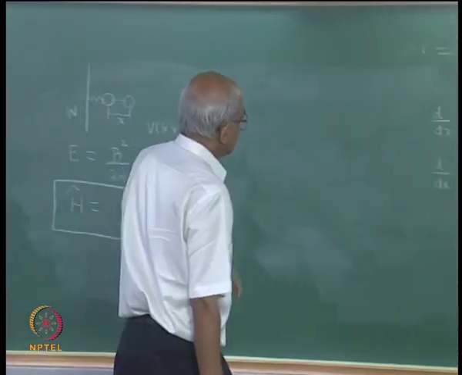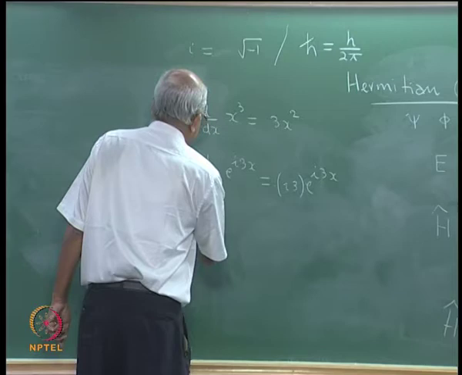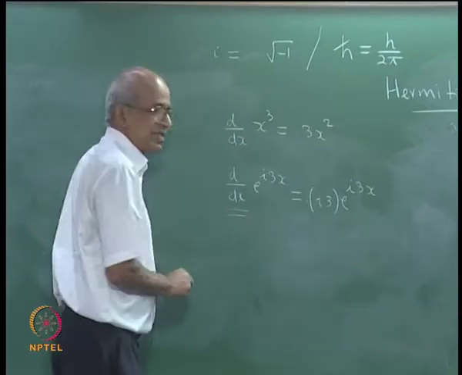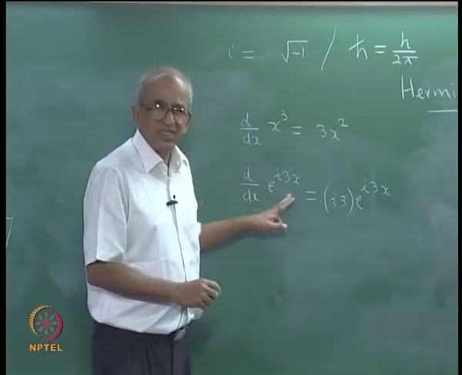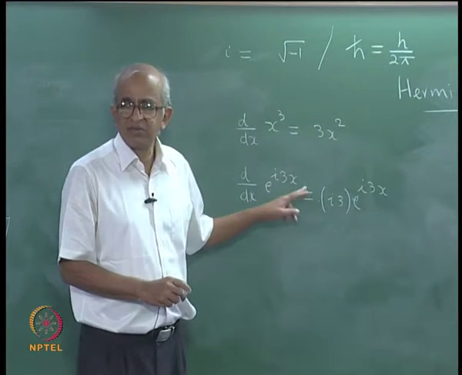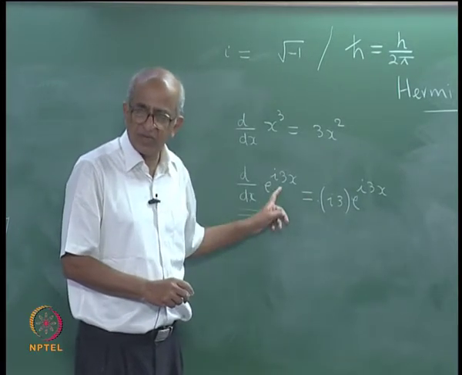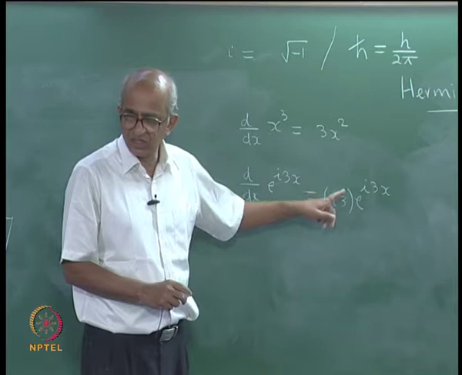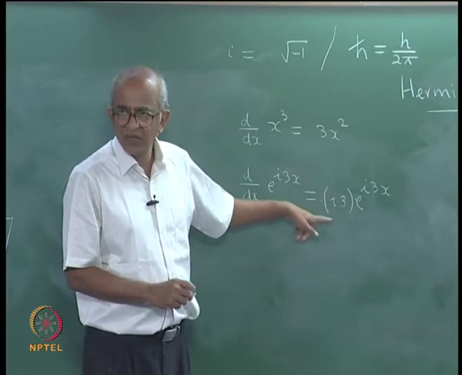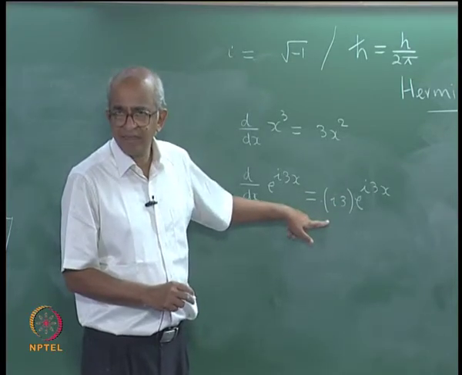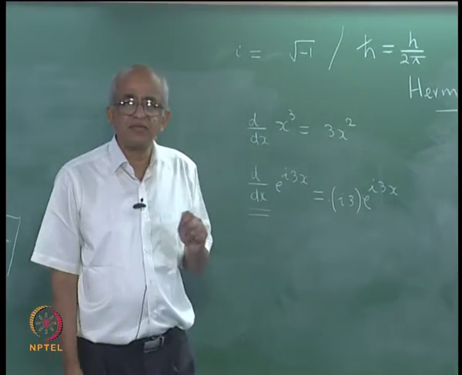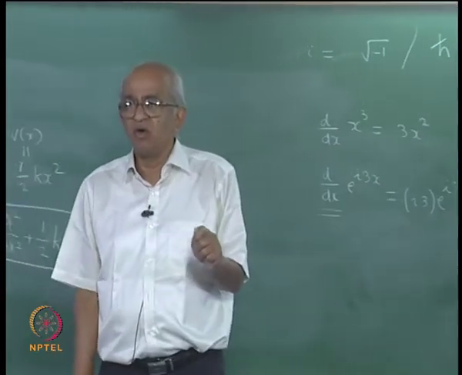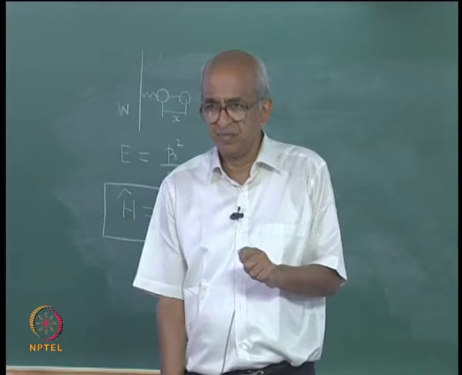So, therefore, we say that as far as this operator is concerned, this function is special. Why is it special? Because the effect of this operator on this function is just to multiply it by a constant. So, such a function is referred to as an eigenfunction of the operator.